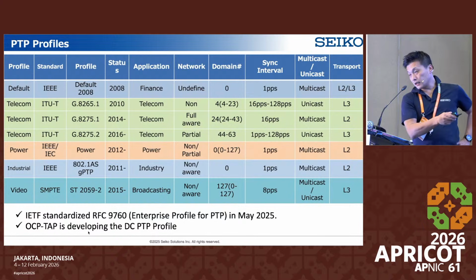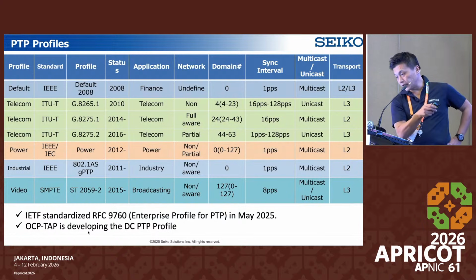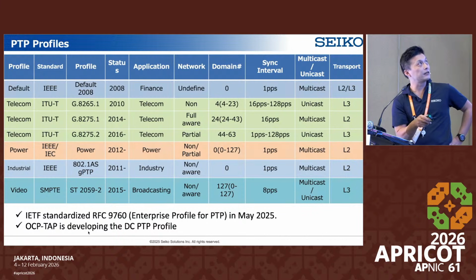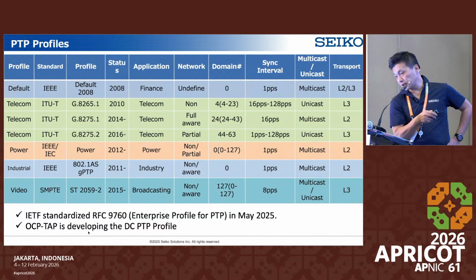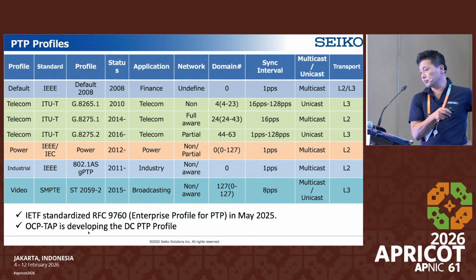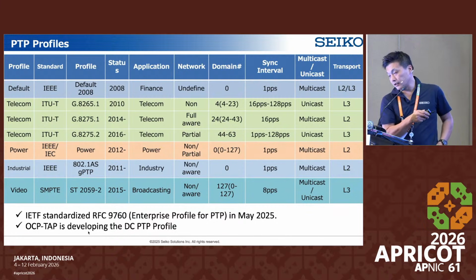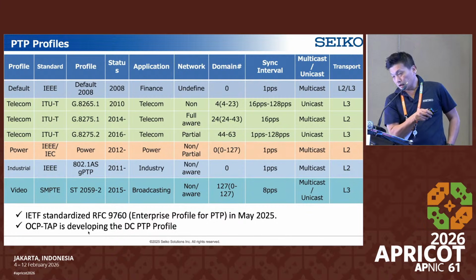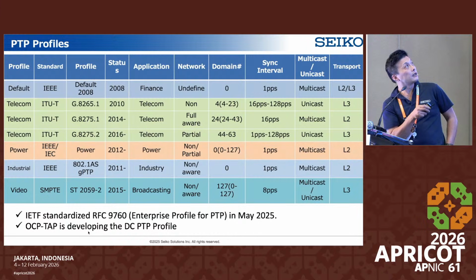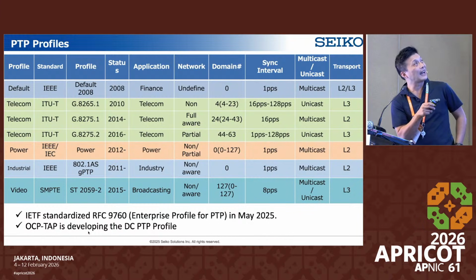Okay, and PTP has so many profiles. PTP has been standardized in multiple profiles for different use cases, and these profiles have evolved in different directions. IEEE and ITU-T and SMPTE. First, standardized by IEEE in 2008.